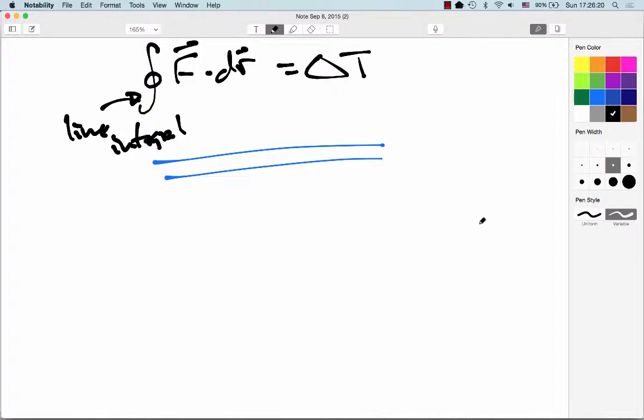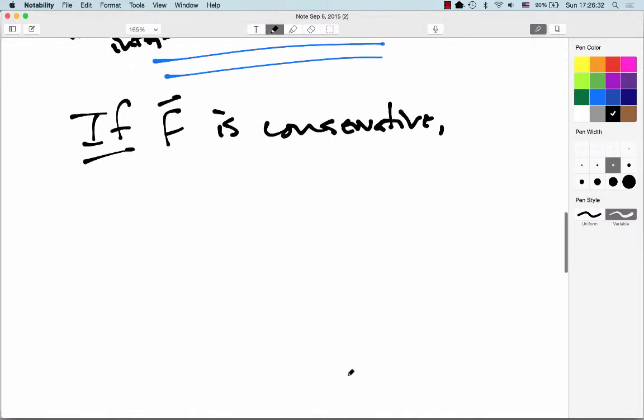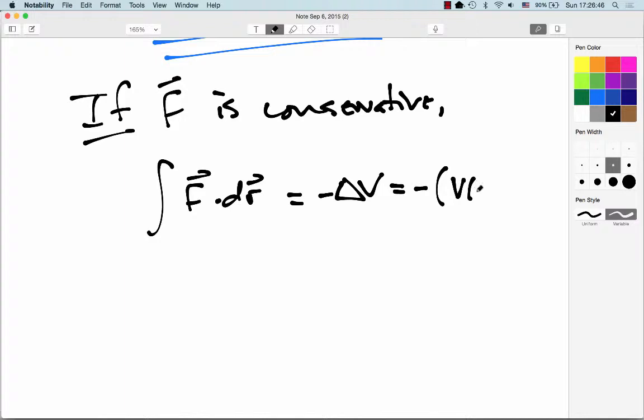If our force is conservative, we should be able to write our path integral, F dot dr, as equal to some negative delta V, which will be the negative of where I ended up, V_B minus V_A, or if I prefer, I could write that as V_A minus V_B.